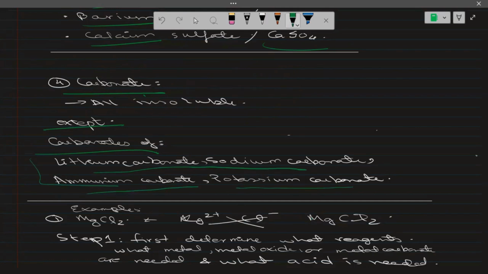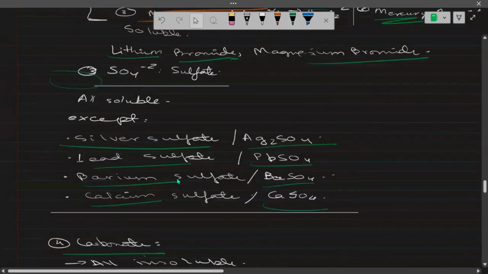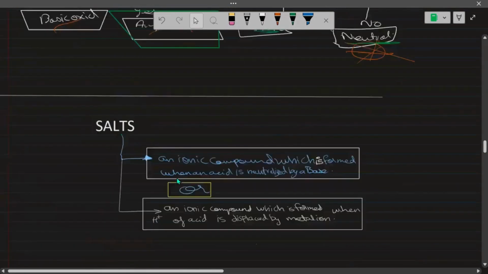Except for these four, all are soluble. Basically, you may see it like SPLAN salts are soluble, but nitrate doesn't come in this; only SPLA salts are soluble. So we are done with the rules of solubility until now.